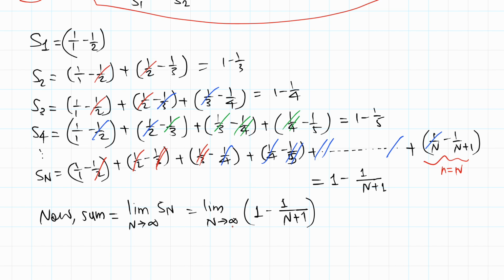When n is so big, 1 over very big plus 1 is 0. That means what is left? 1. The sum is just 1, and we can confirm the series converges. The sum is 1.